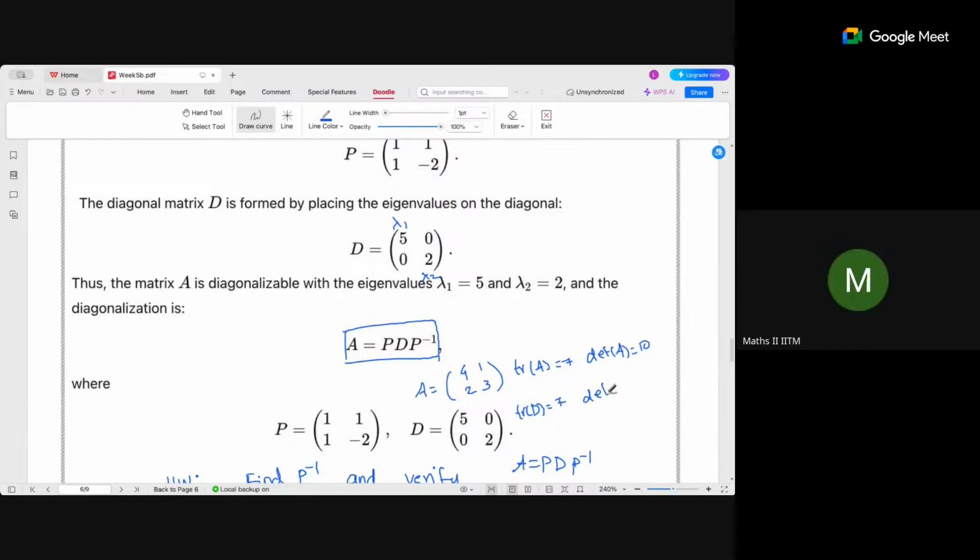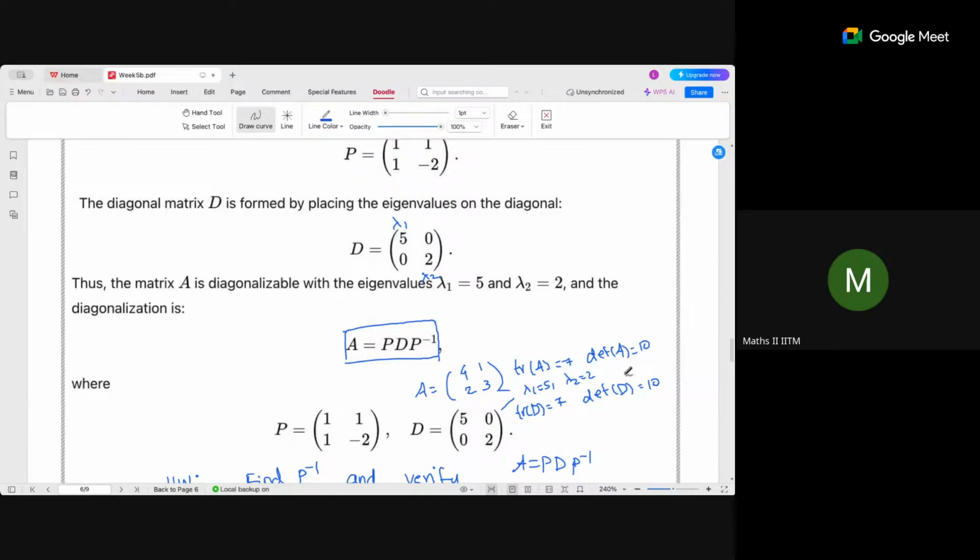What is the determinant of D? 10. Okay. What are the eigenvalues of A? 4, 3. No, no, no, we have to find the eigenvalues. 5 and 2, right? So for both of them, lambda 1 is 5 and lambda 2 is 2. These are the eigenvalues. Eigenvectors and eigenvalues are the same.